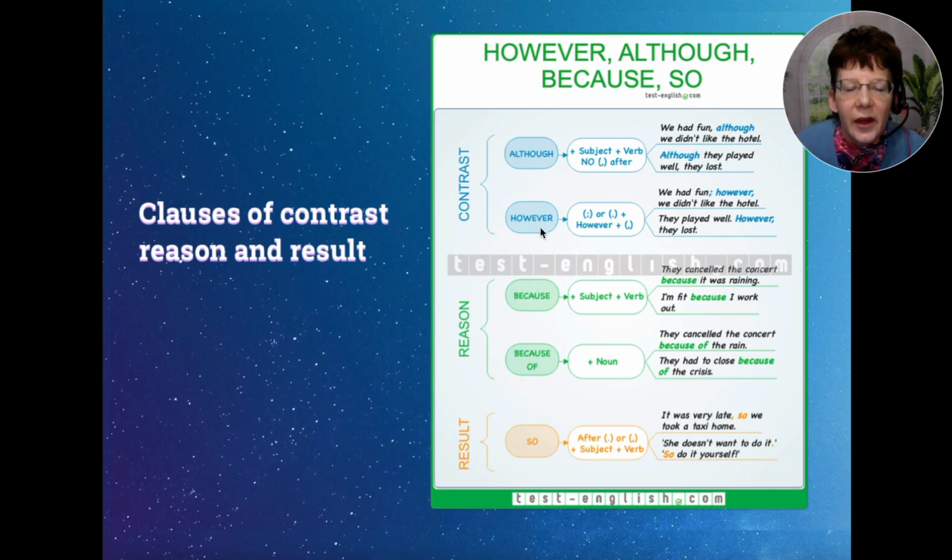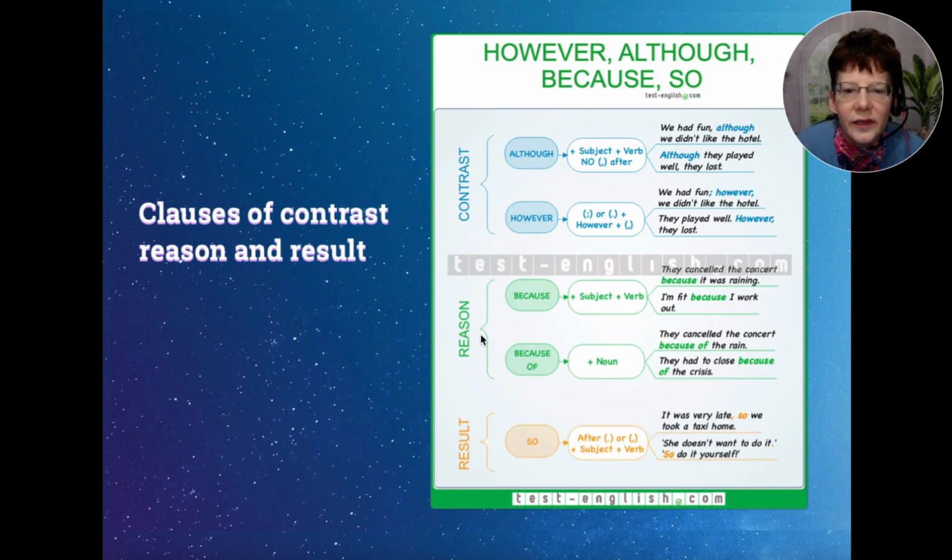Then we have however. However can come after a semicolon, and then we have a comma after it. So for example, we had fun. However, we didn't like the hotel. So again, that's two thoughts of contrast.